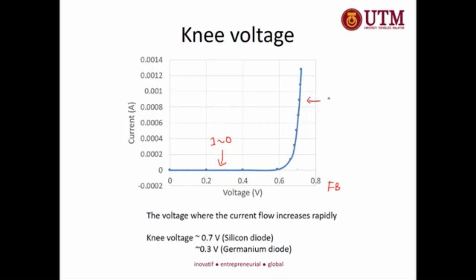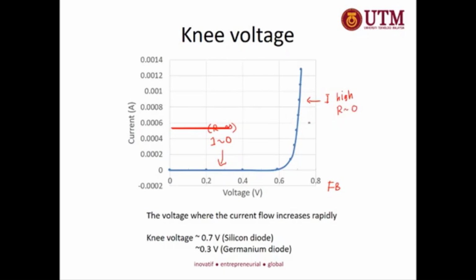In the first region the current is zero and the resistance is infinity, but in the other region the current is high and the resistance is almost 0. So these are the two regions.